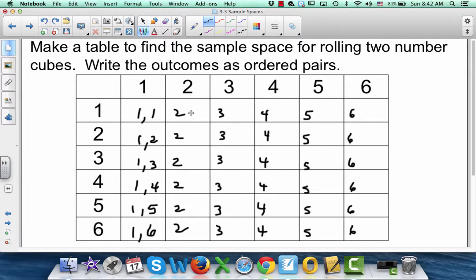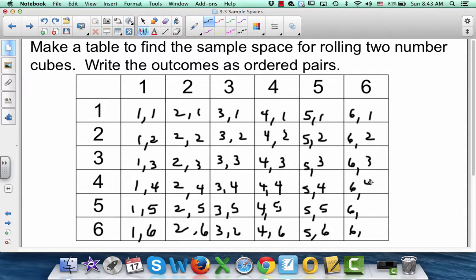So we come back and we put our commas, and then we go 1, 2, 3, 4, 5, 6 on each one of them. Okay, so now we've got our possible outcomes listed in a sample space there.